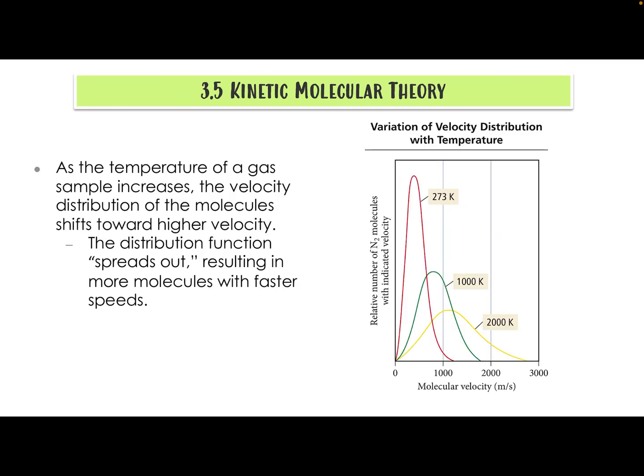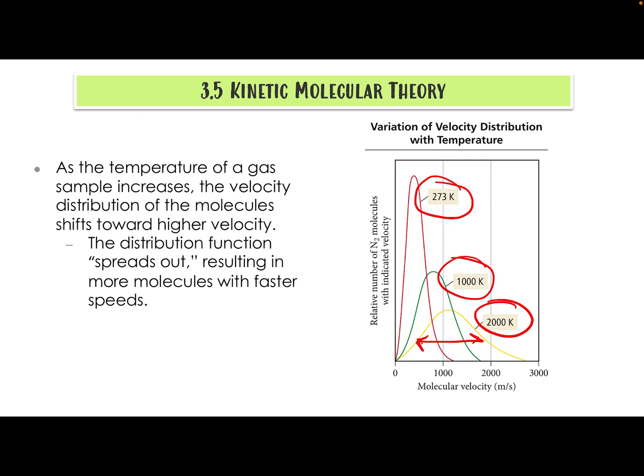Now, the last thing I want to look at is the temperature of a gas and the distribution of the molecules. As the temperature of a gas sample increases, the velocity distribution of the molecules shifts towards a higher velocity. What this shows is that as I increase the temperature, I have more molecules at a higher velocity.